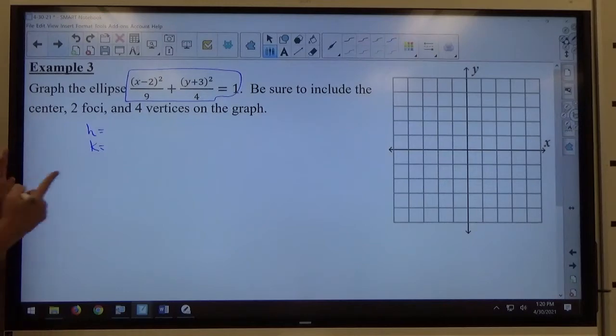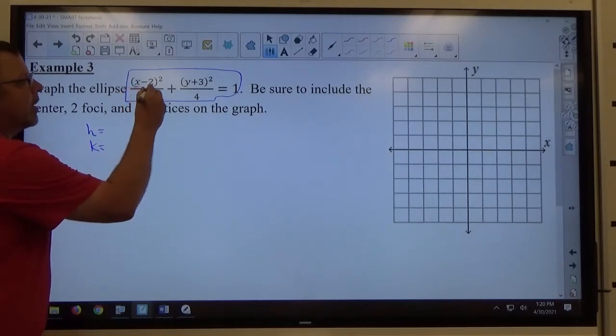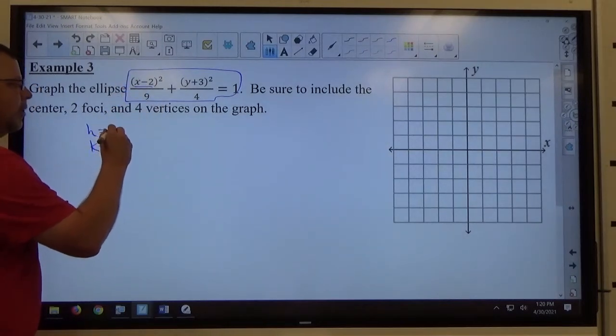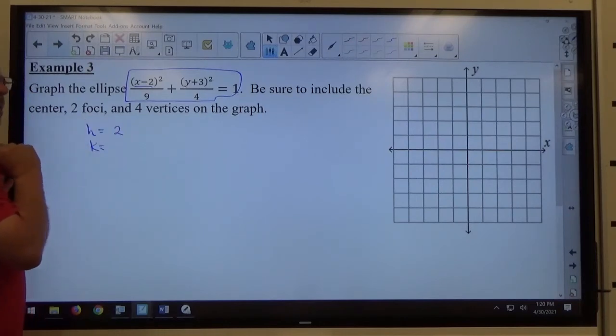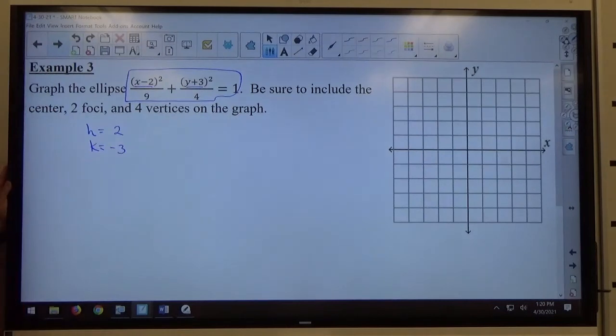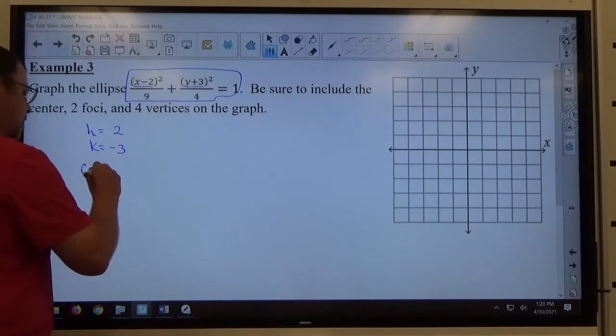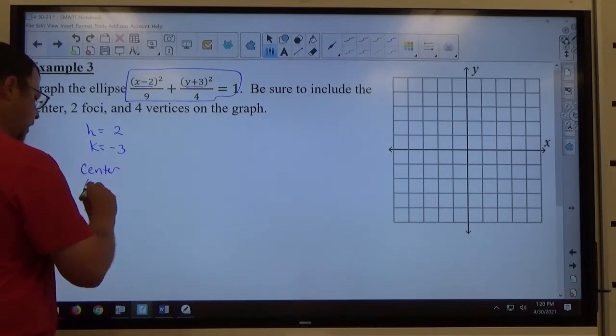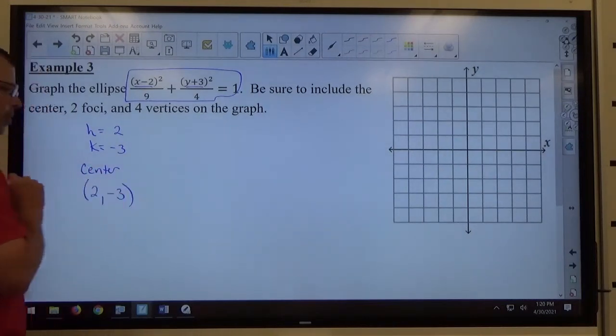Same thing here. So the number with x here is negative 2, x minus 2, which means h equals positive 2. It says y plus 3, so k is negative 3. Always the opposite sign of the numbers with the letters x and y. So my center in this problem is going to be h comma k, in this case 2, negative 3.